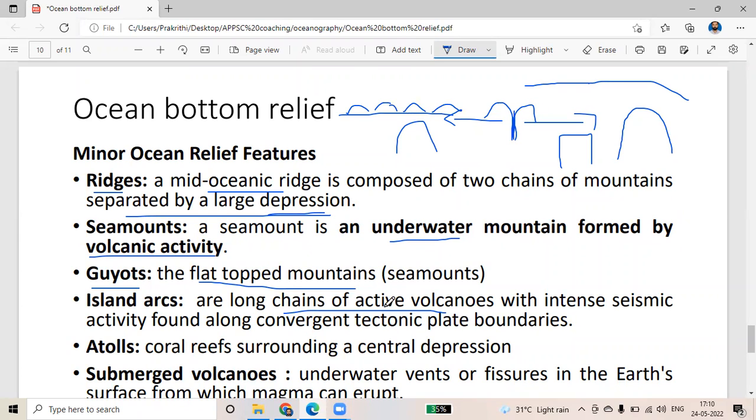Island arcs are long chains of active volcanoes with intense seismic activity found along the convergent tectonic plate boundary. So that was divergent, and in convergent areas you can see the island arc. In divergent areas you can see the ridges, mid-oceanic ridges.